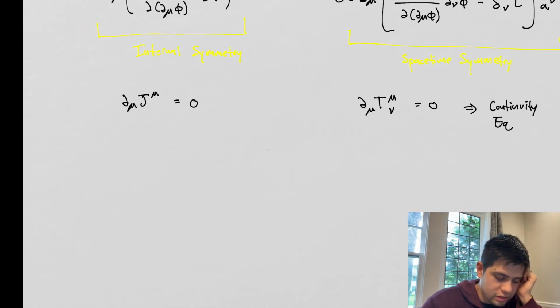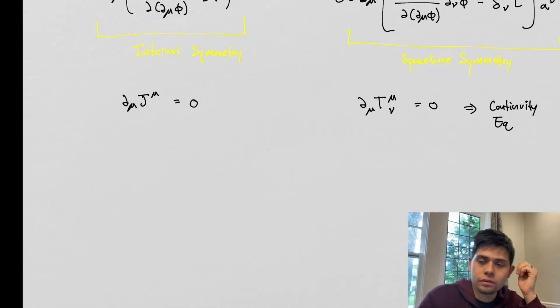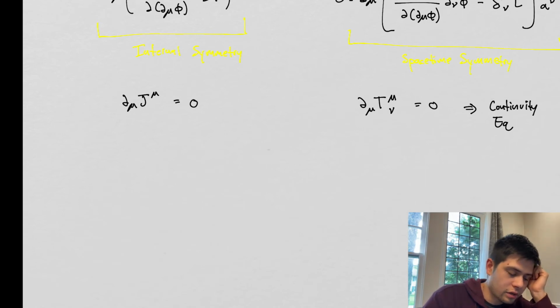Whereas this thing, since it doesn't have that lower index, we can't really derive the continuity equation.